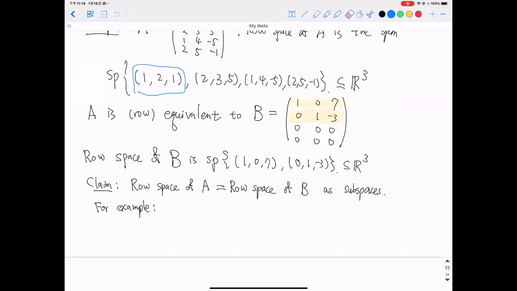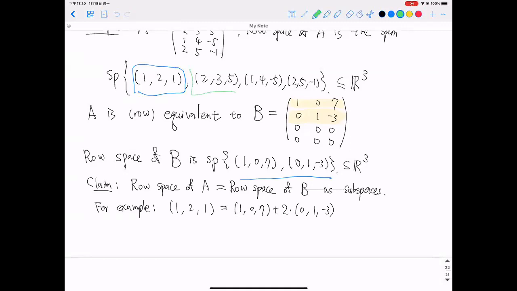We can see that fairly explicitly: 1, 2, 1 is 1 times (1, 0, 7) plus 2 times (0, 1, minus 3). You can just check that these two are equal.